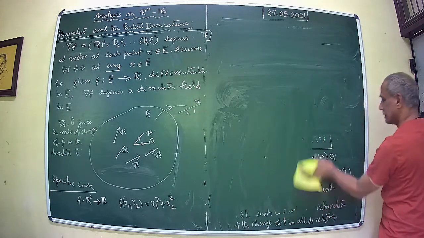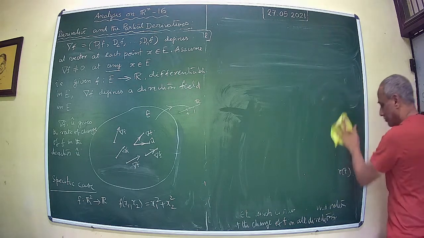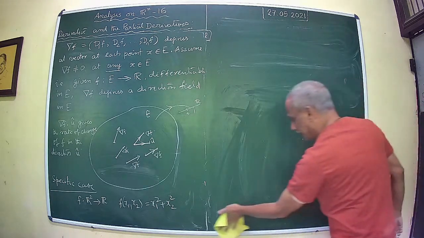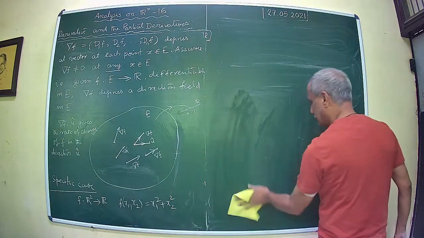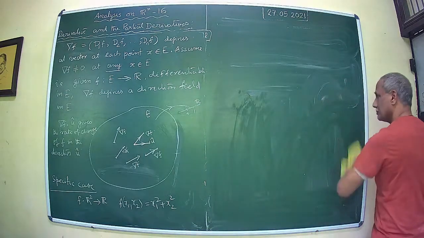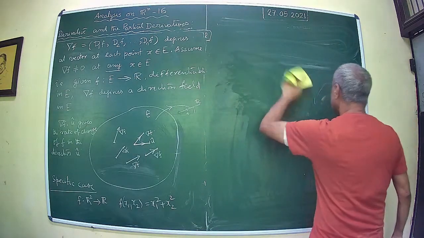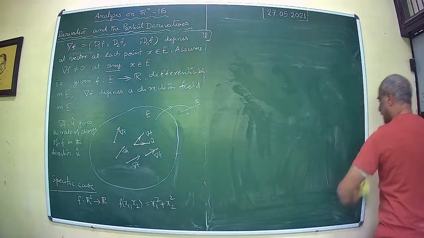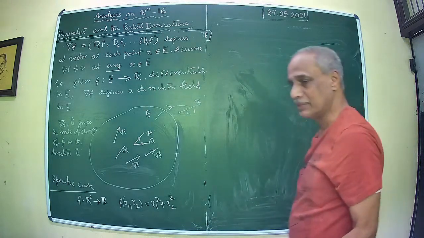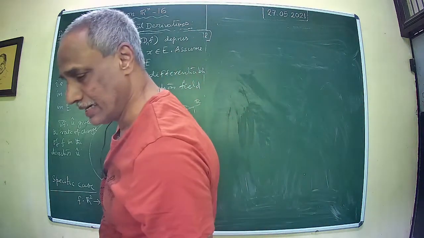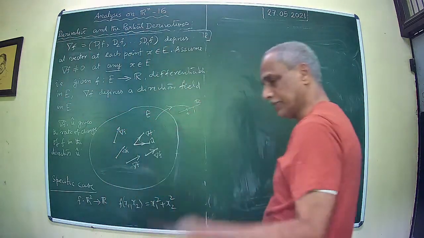So this f is often interpreted in physics as a potential function. So the field that is available appears as a gradient of a potential function.